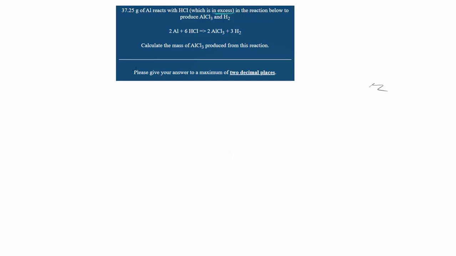As we know from the equation, mass m is equal to the moles n multiplied by the molar mass Mr. We've got the mass and need to work out the moles, so we rearrange by dividing both sides by the Mr. That cancels on one side, so the moles is equal to the mass divided by the molar mass. So we need the molar mass of Al to work this out.